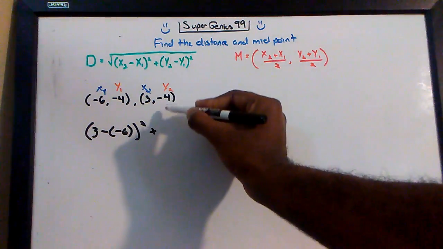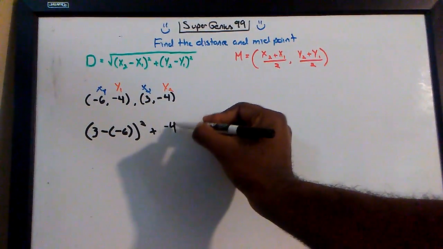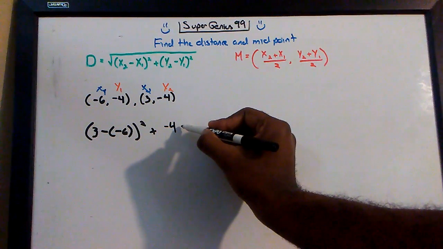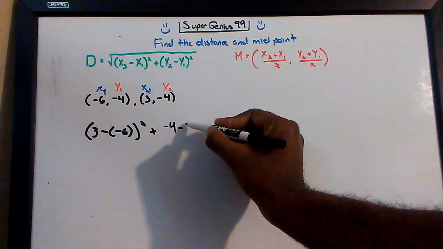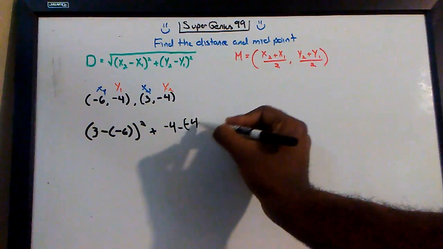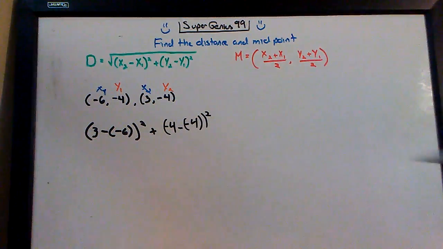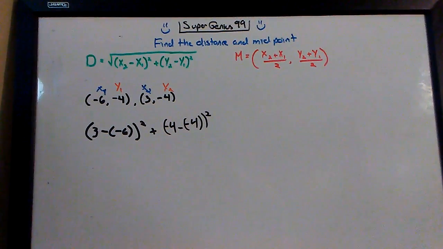So y2 is what? -4. y1 is -4. And all that under a radical.